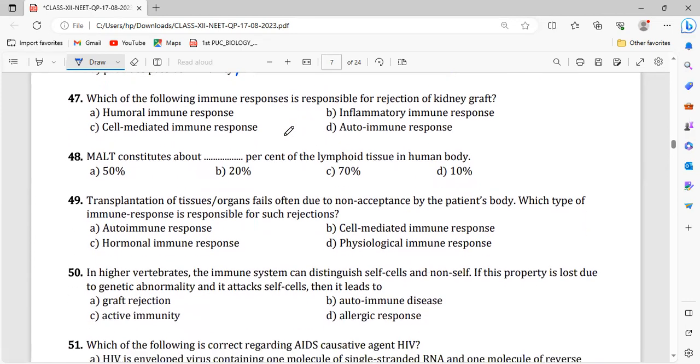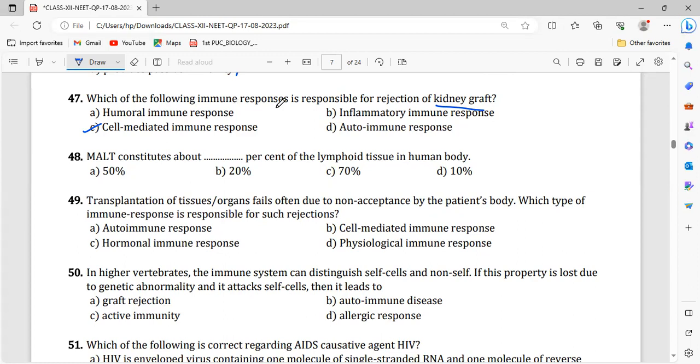47. Which of the following immune responses is responsible for rejection of kidney graft? That means there is rejection of the transplanted organ. In our immune system there is a type called cell mediated immune system. This can differentiate between self and non-self.